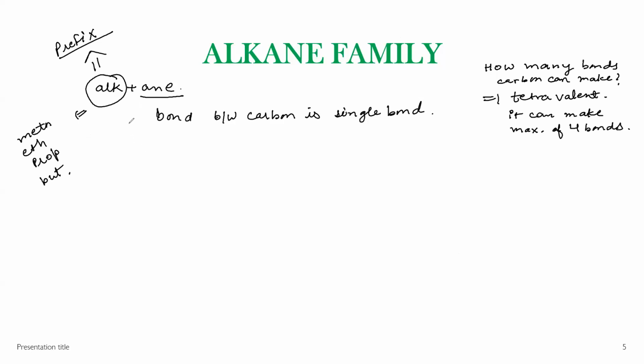So if I add my prefix as meth, and then I have to add the suffix, which is my ane. So the name is meth plus ane. The name is methane. So meth means how many carbons? Meth means 1 carbon. So I will make 1 carbon.